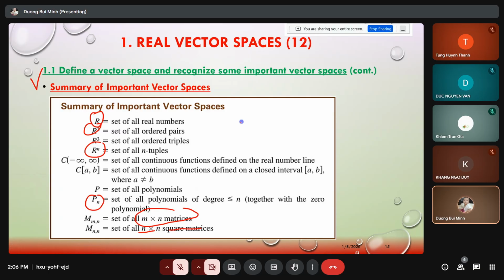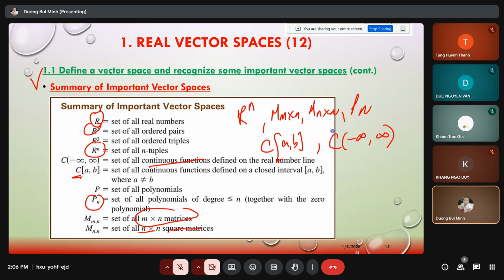Okay, we have some common vector spaces, for example Rn, matrices with m rows and n columns, Pn, and continuous functions on the interval [a,b], or continuous functions on minus infinity to positive infinity. These are common vector spaces.